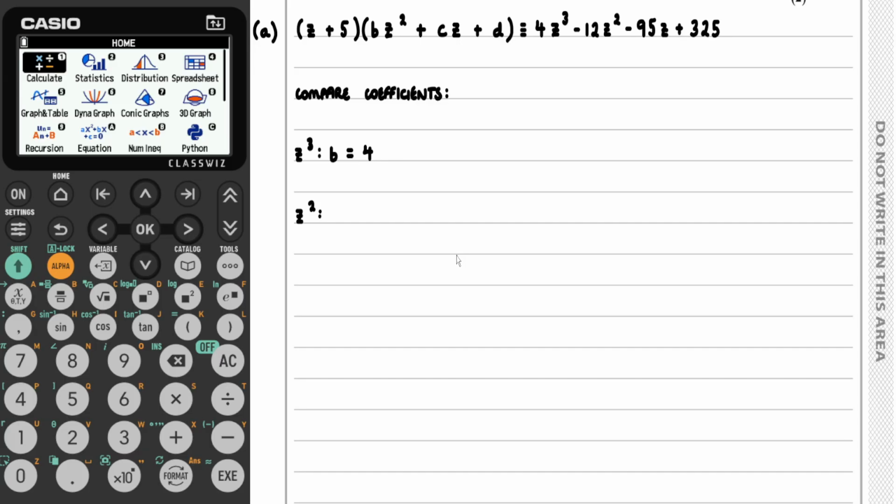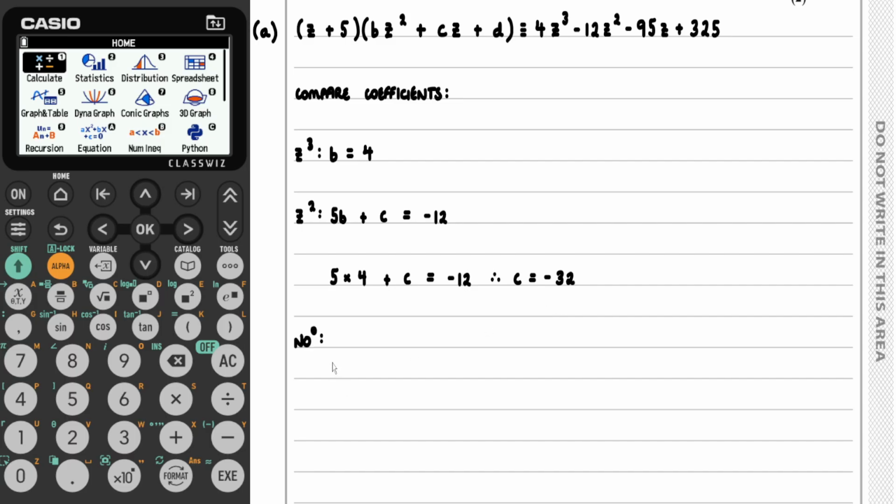So the coefficient of z squared on the left hand side would be 5b plus c, and on the right hand side we have negative 12z squared, so the coefficient of z squared on the right hand side is negative 12. We know that b is 4, so we have 5 multiplied by 4 plus c equals negative 12, meaning c is equal to negative 32.